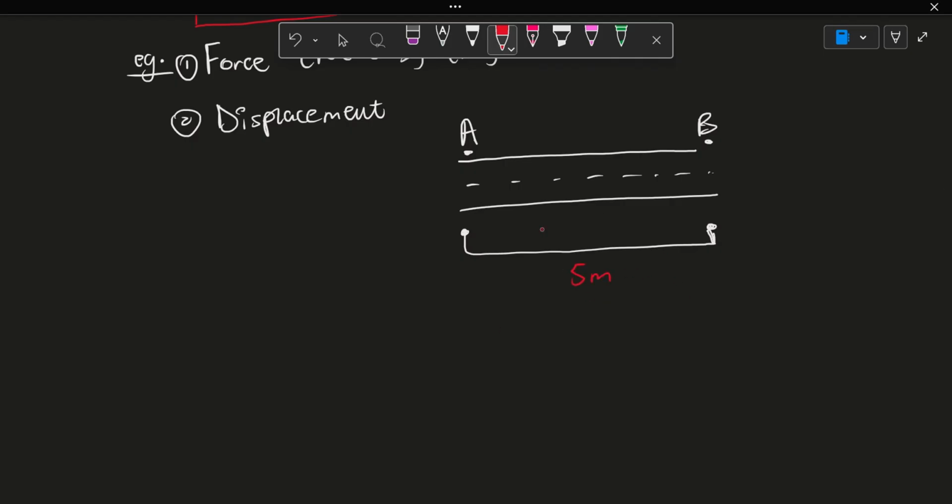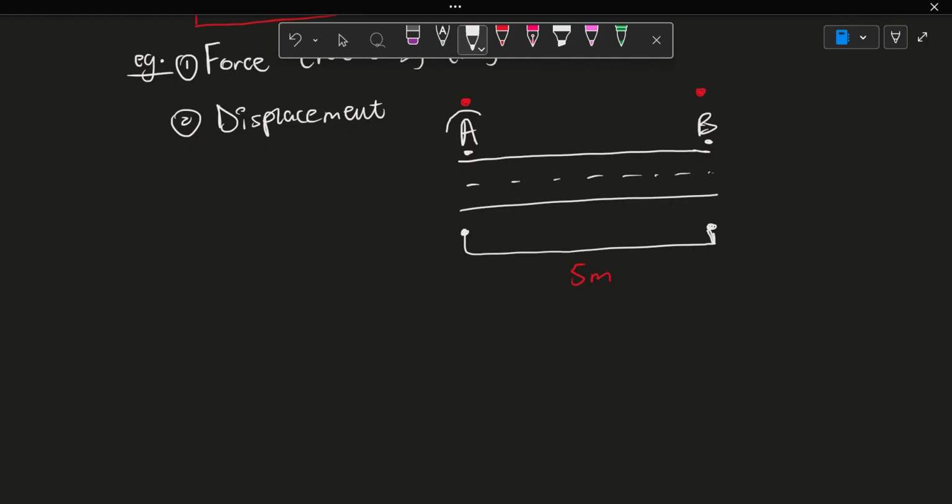That is distance. But if I ask myself how did I get from point A to point B, immediately from A straight up to B, the obvious answer would be, well, I walked from A to B. But when we talk about displacement, it should be the final point minus where I started.